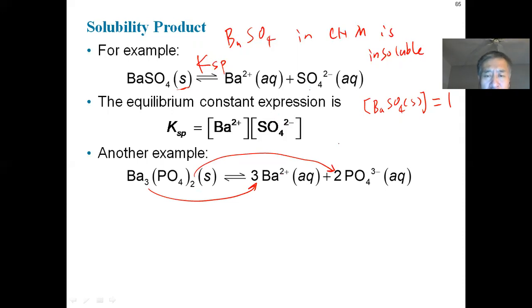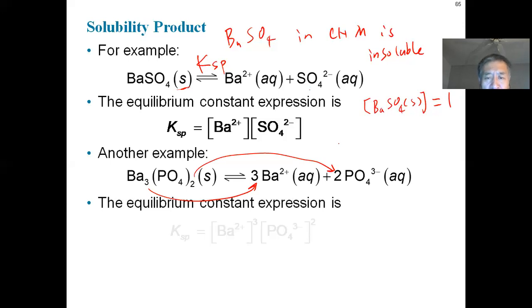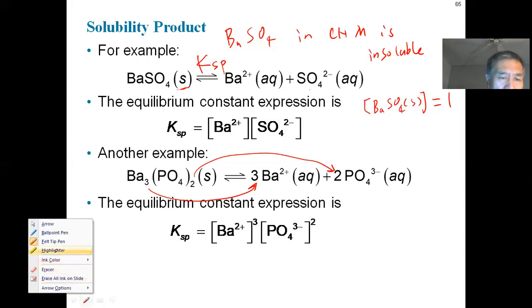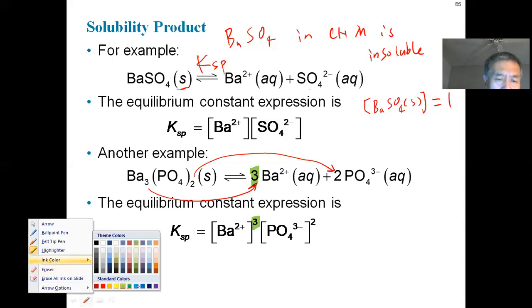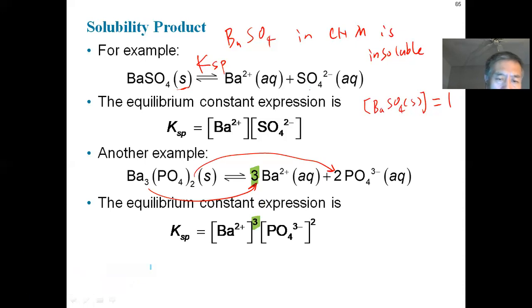Once you know those coefficients, when you write the equation for the Ksp, make sure you use those coefficients as exponents. So the 3 exponent, or power, comes from the coefficient for that species. Similarly, if you have a coefficient of 2, you use 2 as the exponent for that ion.